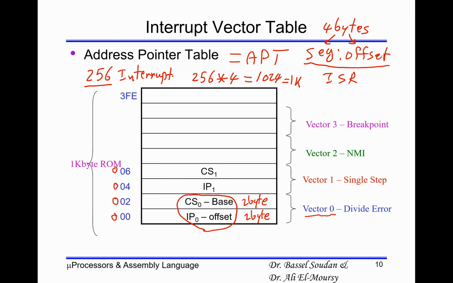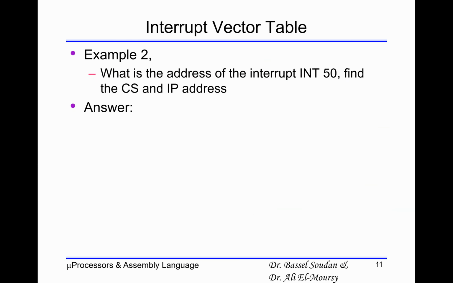Assuming the microprocessor received interrupt number 50, where are the locations in the APT that it should go to in order to grab the addresses for interrupt number 50? Can you do this calculation?